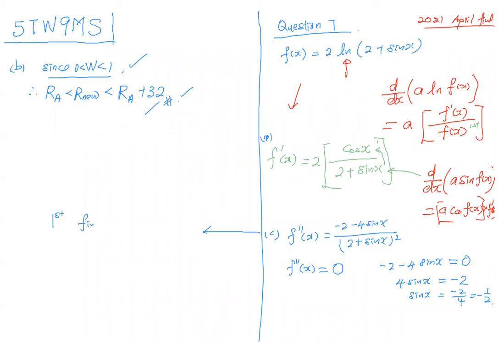find the acute angle. So I put the acute angle equal to sin inverse half. Okay, so the exact value of sin inverse half is pi by 6. So this one you have to record down.